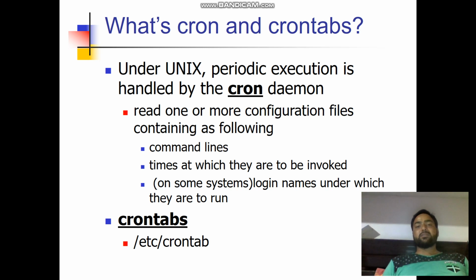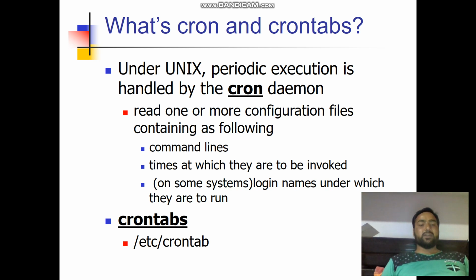It reads one or more configuration files containing command lines, what commands are there in the particular file, the times at which they are to be invoked, and in some systems it identifies the login names under which they are to run. That means under which username, under which user in the system the particular command is to be executed.